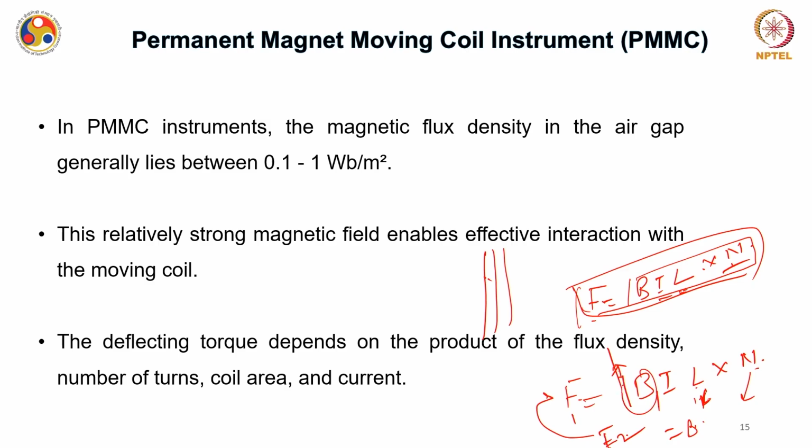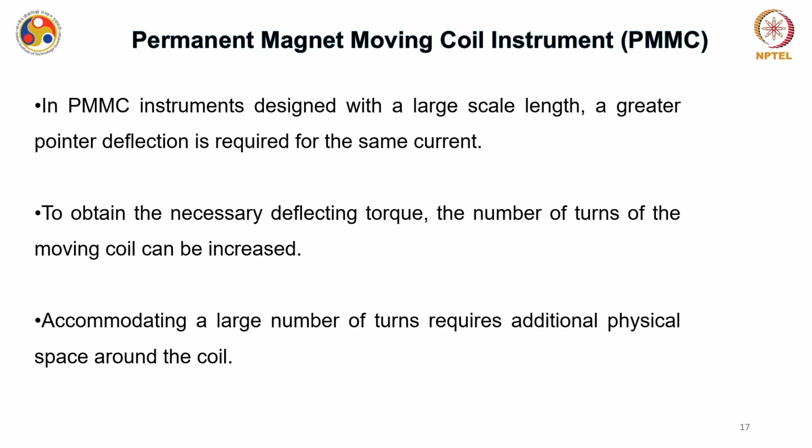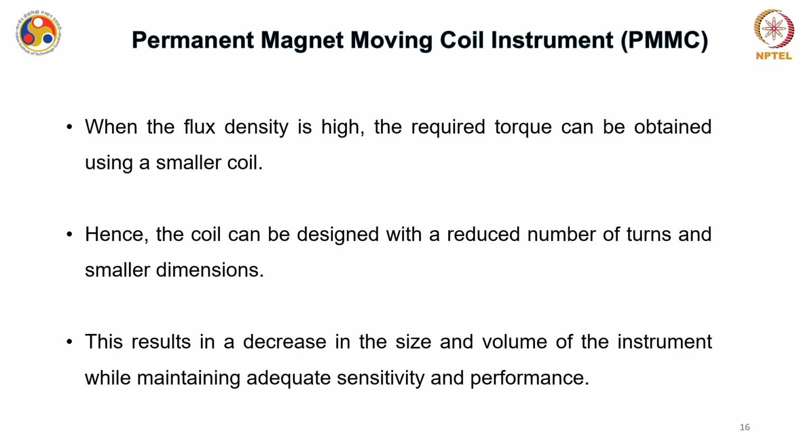B becomes very high, and because of this you can still achieve the same performance that you were getting, or even better performance, compared with the long U-shaped permanent magnets. So this is in general how the construction of the magnetic system affects the overall performance of the system.